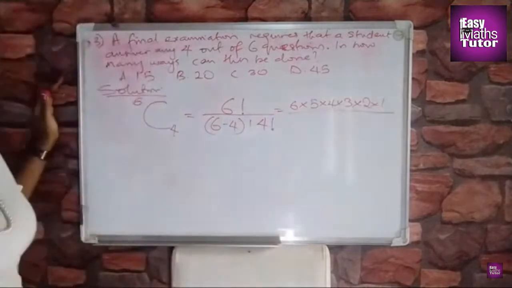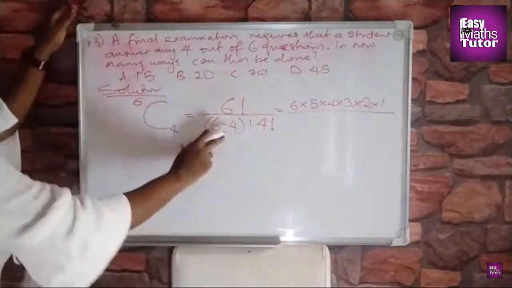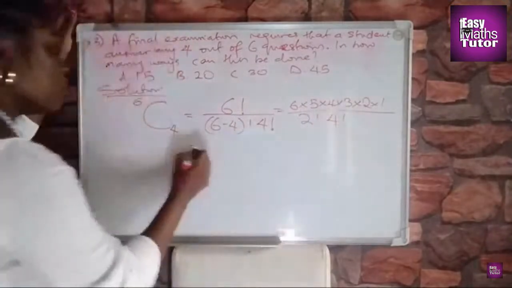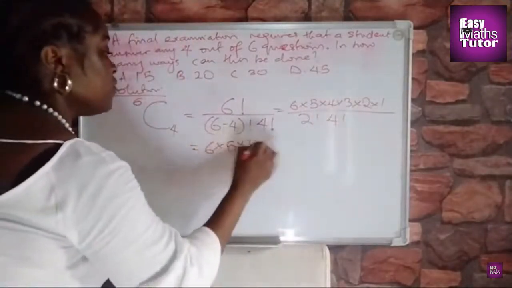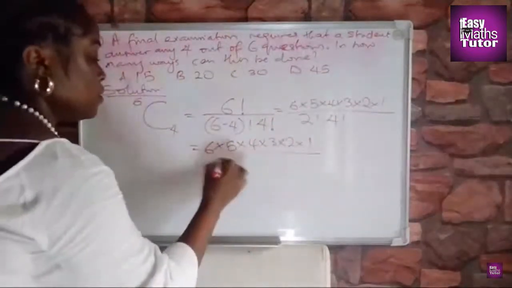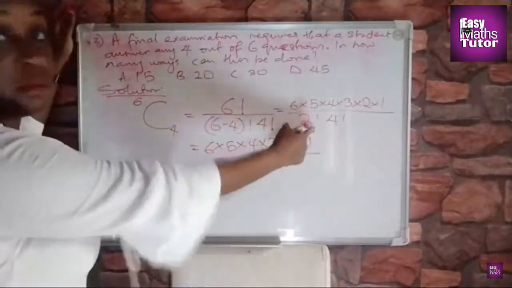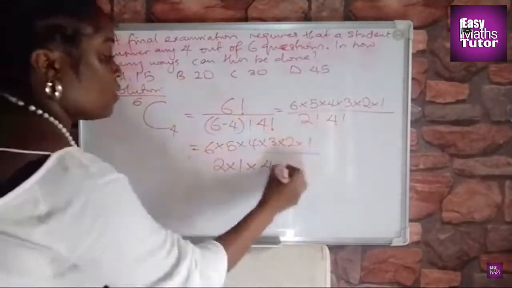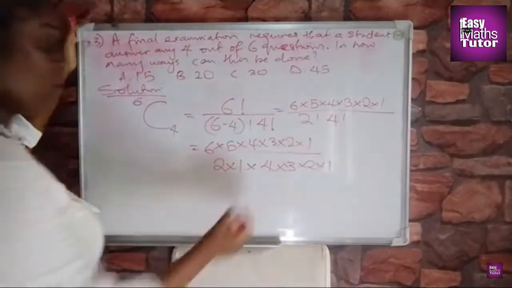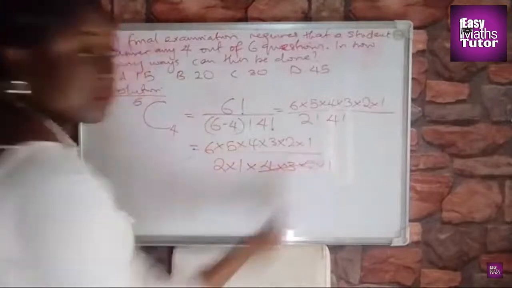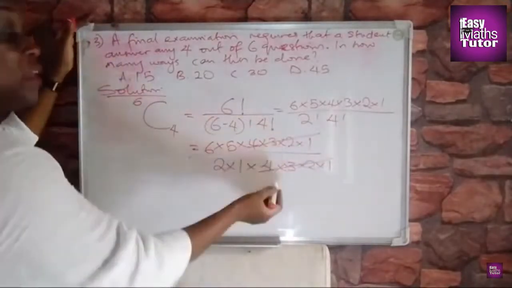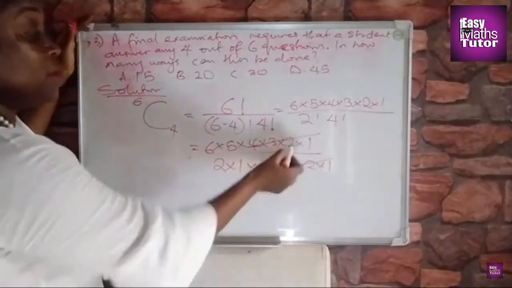Remember, you have to work fast. So 6 minus 4 is 2 factorial times 4 factorial. So we have 6 times 5 times 4 times 3 times 2 times 1 over 2 times 1, which is 2 factorial, times 4 times 3 times 2 times 1. As you can see, this cancels this off because they are the same at the denominator and the numerator.